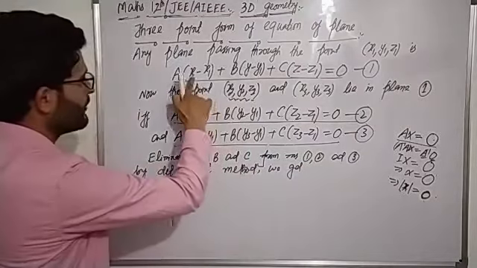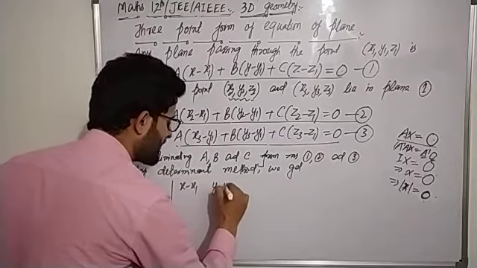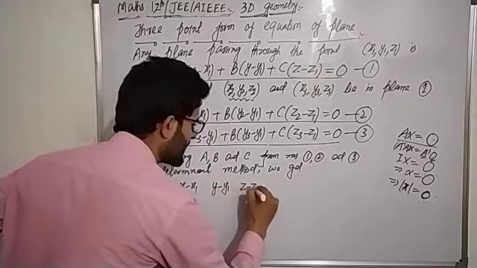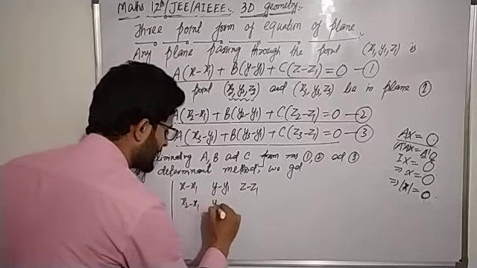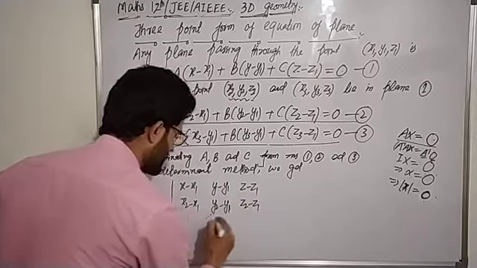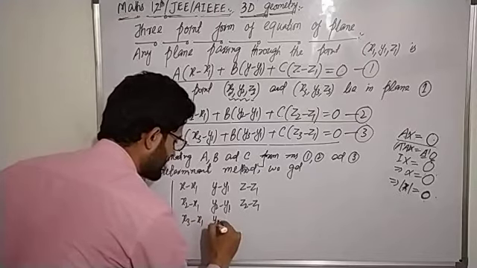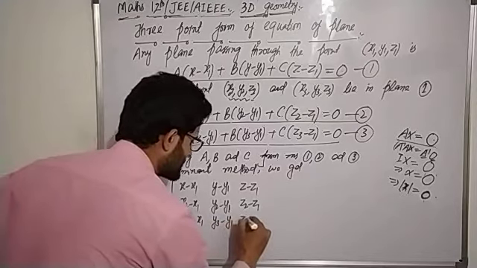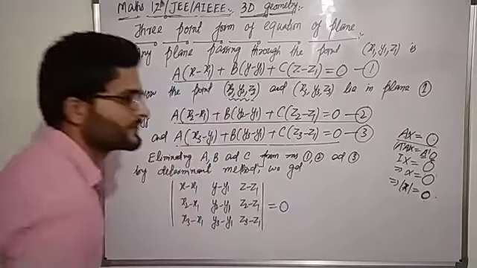Determinant of X, the value of determinant of X is x minus x1, y minus y1, z minus z1, x2 minus x1, y2 minus y1, z2 minus z1, similarly x3 minus x1, y3 minus y1, z3 minus z1, and that's equal to 0.